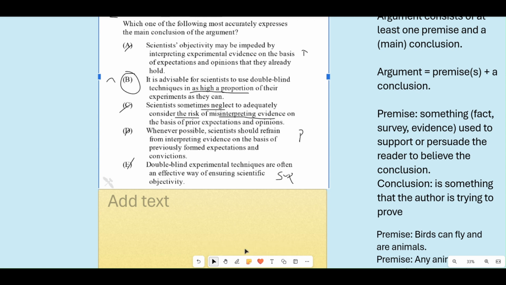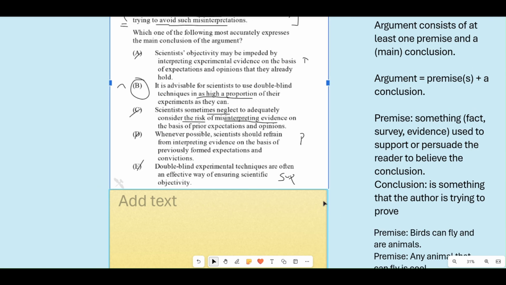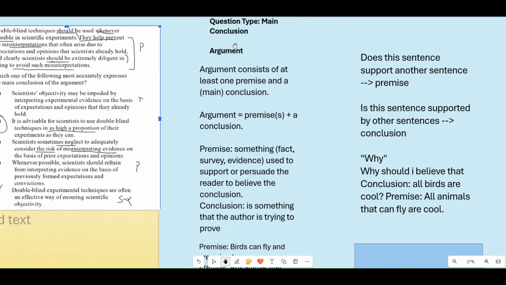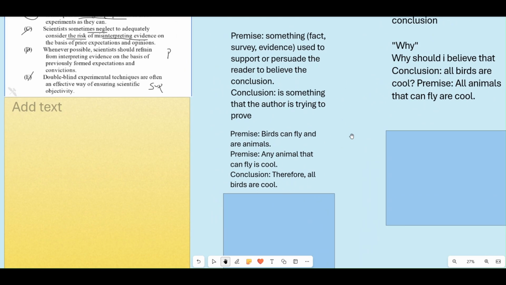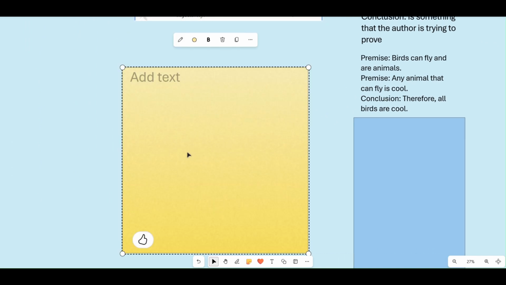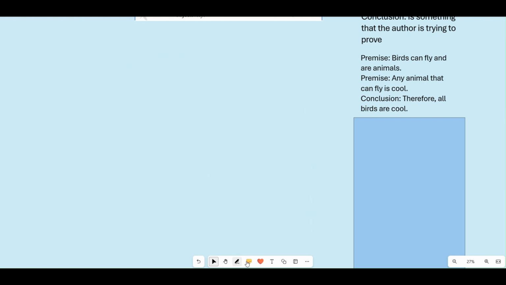So I went through that kind of quickly, but I was really trying to highlight my point: main conclusion question types are essential for understanding the logical reasoning section, and you have to understand what makes up an argument. It's a premise and conclusion, and how do we identify premises and conclusions, and that is foundational for the LSAT. In terms of the next steps, as I mentioned before, one needs to understand what complex arguments are, because these often appear on main conclusion question types.